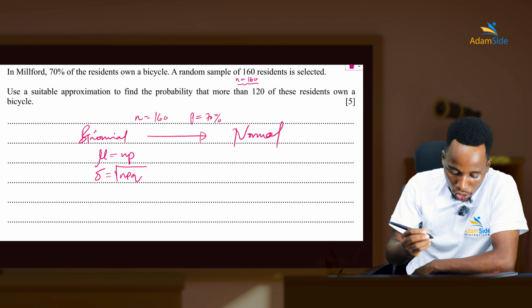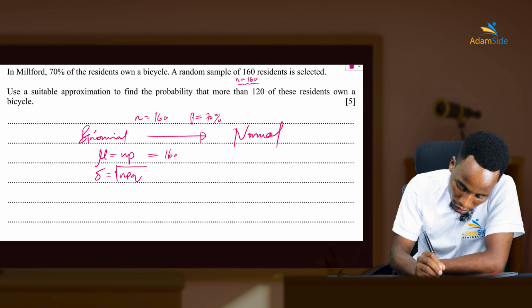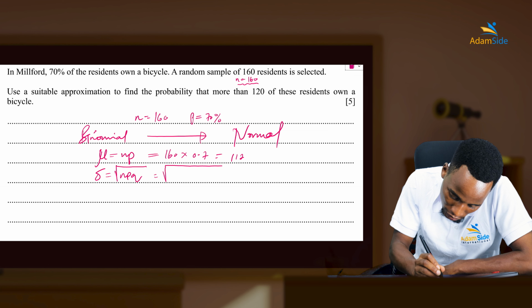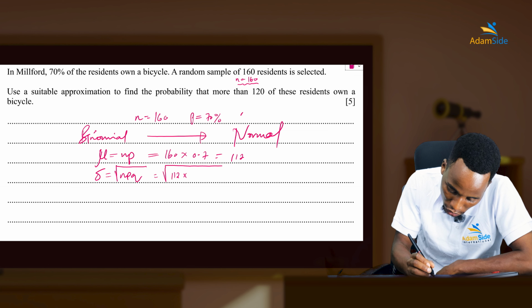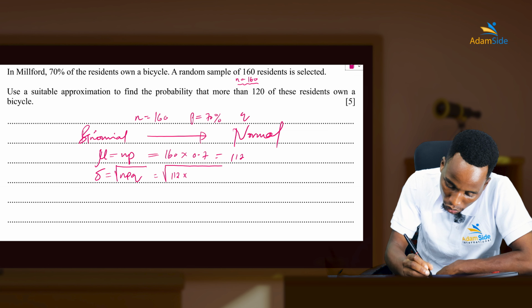So to get the mean mu, it is np. n is 160, times 70%, which is 0.7. The answer is 112. Again, npq will be 112 times q. We know if p is 70%, then q will be 30%, which is 0.3.